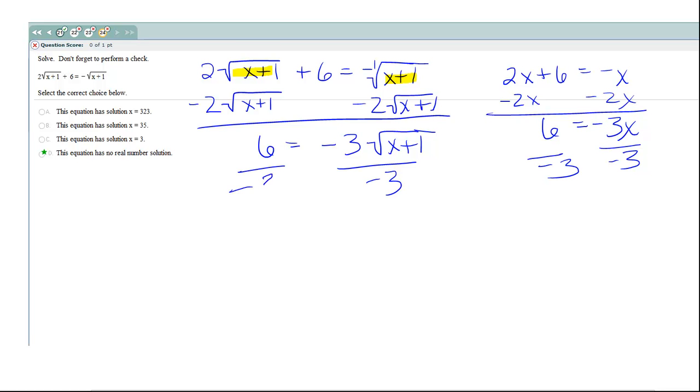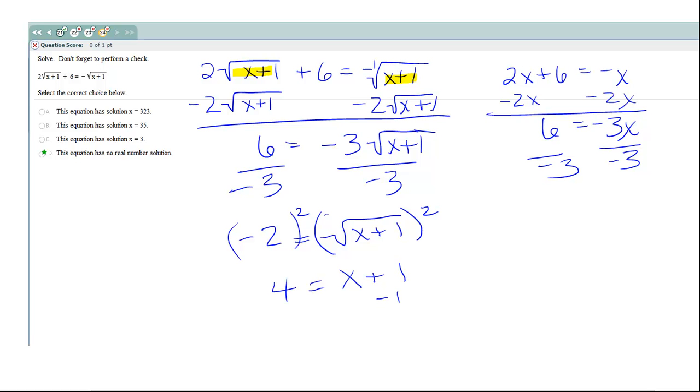So I divide both sides by negative 3, and I'm left with negative 2 equals square root of x plus 1. Then I want to get rid of the square root, so I square both sides. Then I have x plus 1 equals 4. And then I subtract 1 off both sides, and I get x equals 3.